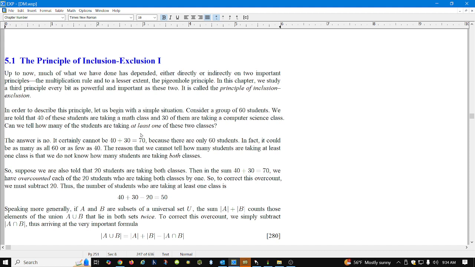So to correct that overcount, all we have to do is subtract 20. So, in this case, the number of students who are taking at least one class is 40 plus 30 minus the overcount of 20, and that's 50 students.